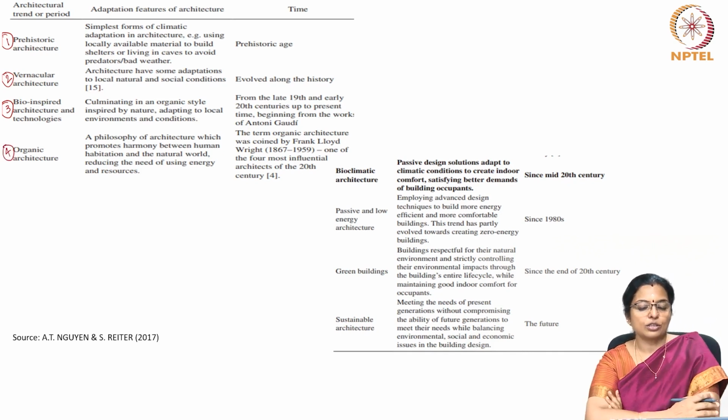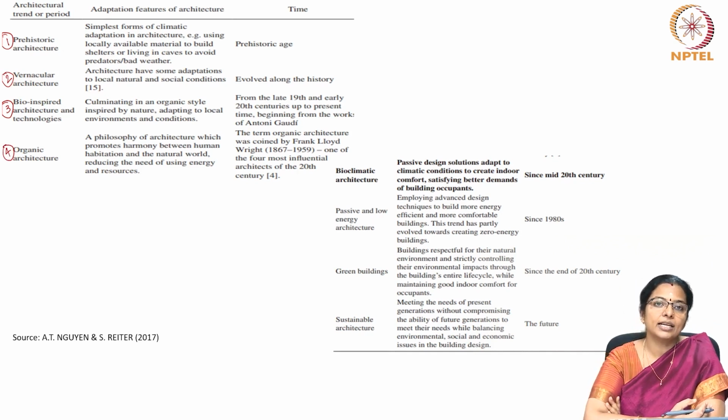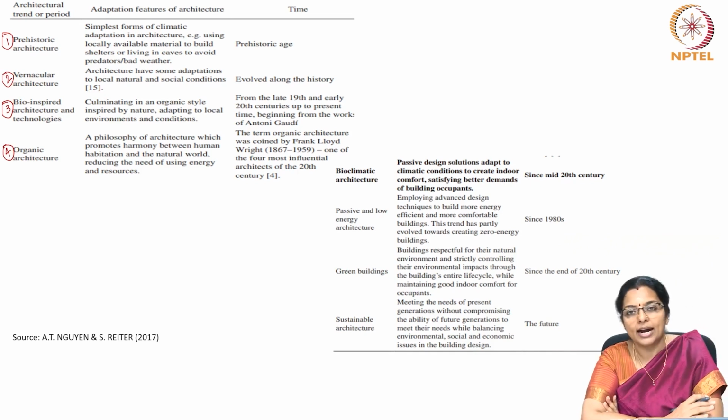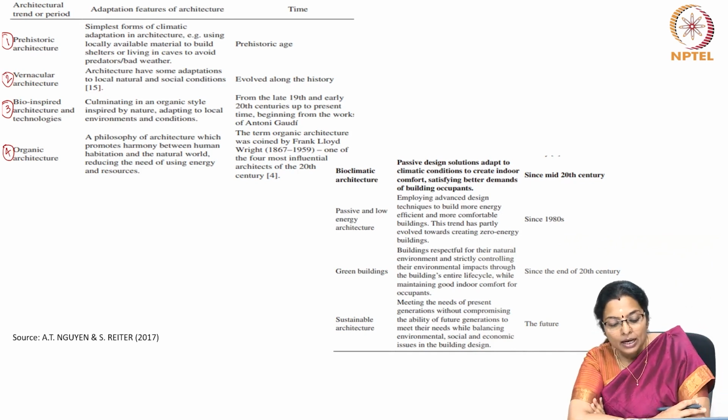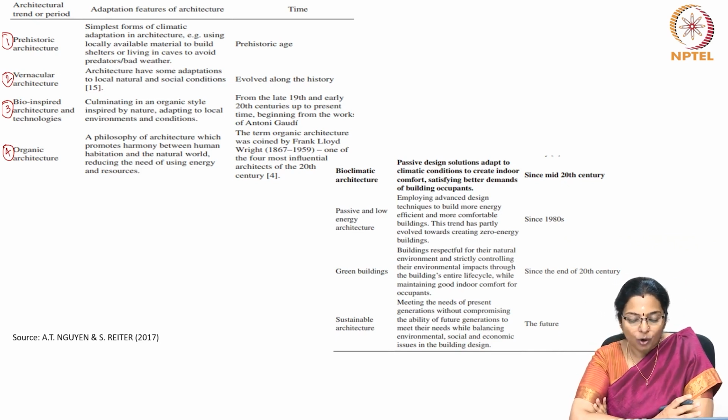Then fourth is organic architecture. Now this is a philosophy of architecture which promotes harmony between human habitation and the natural world. This reduces the need for using energy and resources. This term was coined by F.L. Wright, as we all know, who was a very influential architect, and this principle was largely based on his observation of nature.